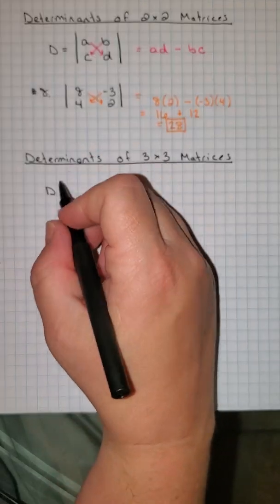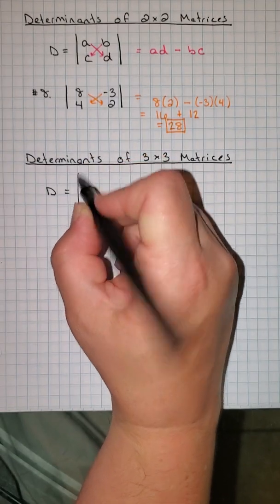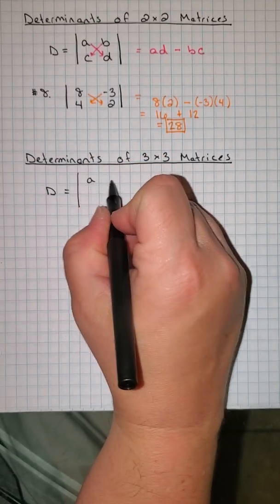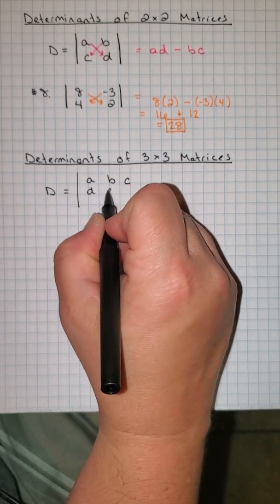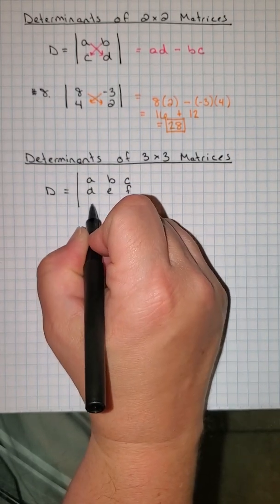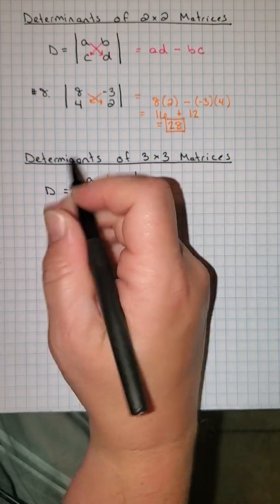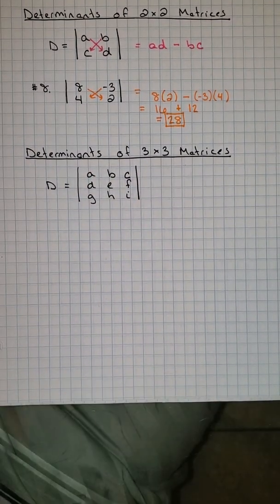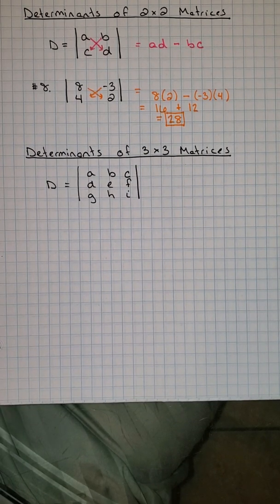So if we had a 3 by 3 and the numbers across are A, B, C, then we have D, E, F, G, H, and I. And we have these straight ends to the determinant instead of the brackets.